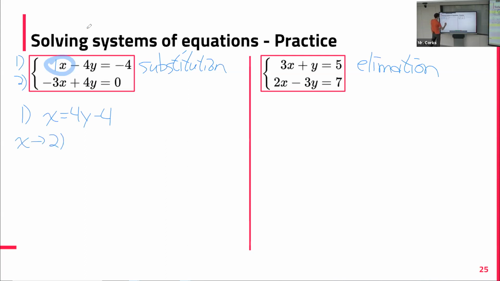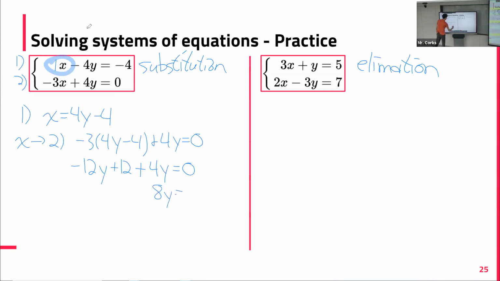Equation 2, so negative 3 times (4y minus 4) plus 4y equals 0. So negative 12y plus 12 plus 4y equals 0. So this turns into, gather our terms here.